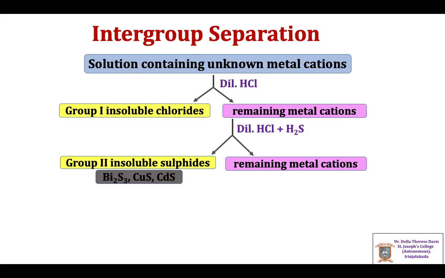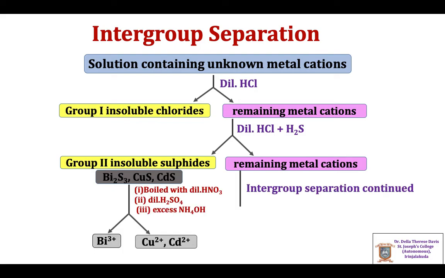The precipitate is separated by filtration or centrifugation, and the remaining filtrate is used for the intergroup separation. Now we have to find which cation is present in the precipitate. It can be bismuth, copper or cadmium.